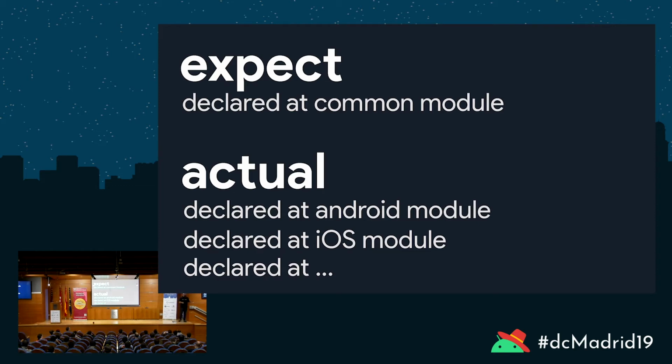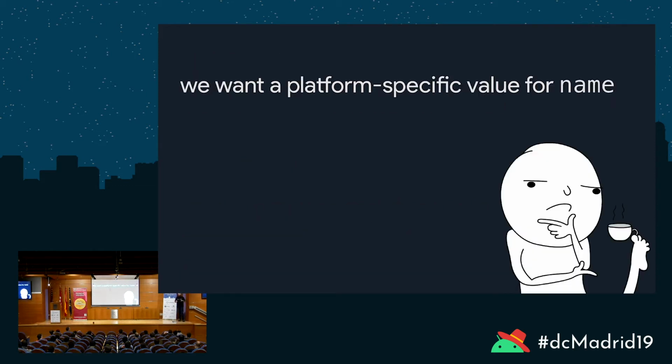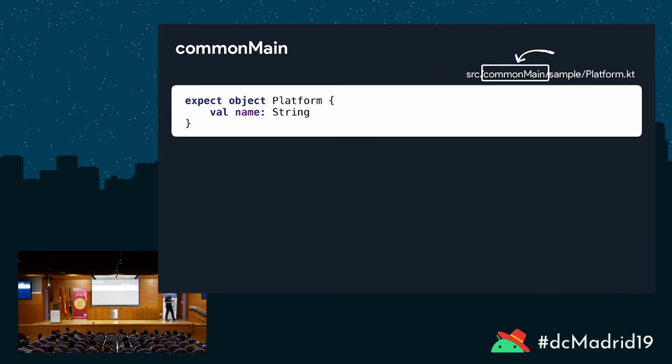Okay? Let's see a small example. Imagine that I have a really simple application that has only a label and says hello from, and it's going to say hello from Android and hello from iOS. So I want this name to be defined on Android and to be defined on iOS. So what I'm going to write is I expect that someone will define name. Okay?